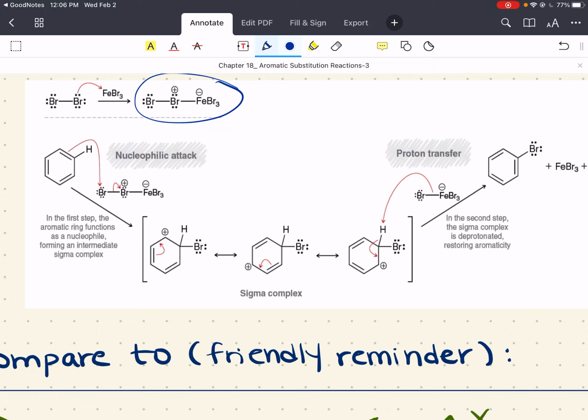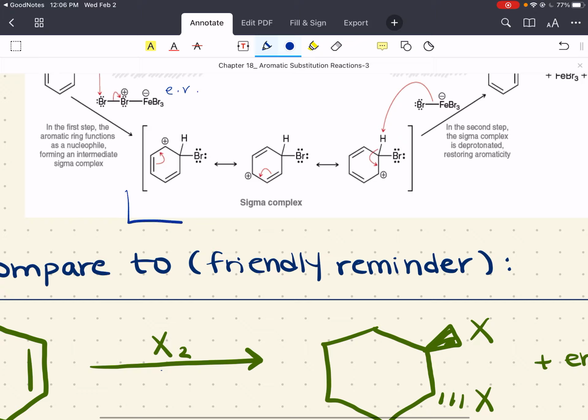When the aromatic ring attacks the catalyst, because remember, our double bond in our aromatic ring acts as the nucleophile, our first step is a nucleophilic attack, where our double bond is going to attack our electrophilic reagent. We form this positively charged intermediate that we call the sigma complex.